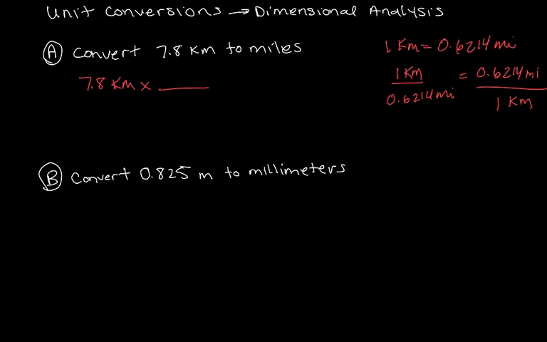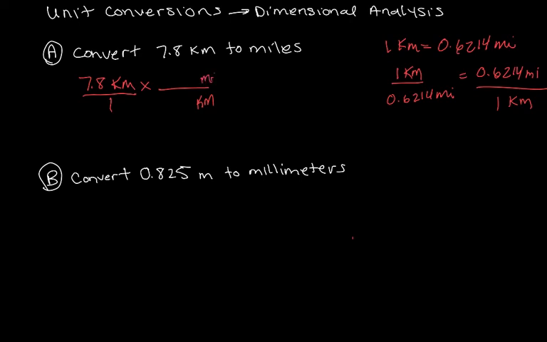So here, going back to dimensional analysis, when we have our kilometer unit on top, our given unit, don't forget this is written like that, then we automatically put our given unit on the bottom. And the desired unit, which is miles, is placed on the top.